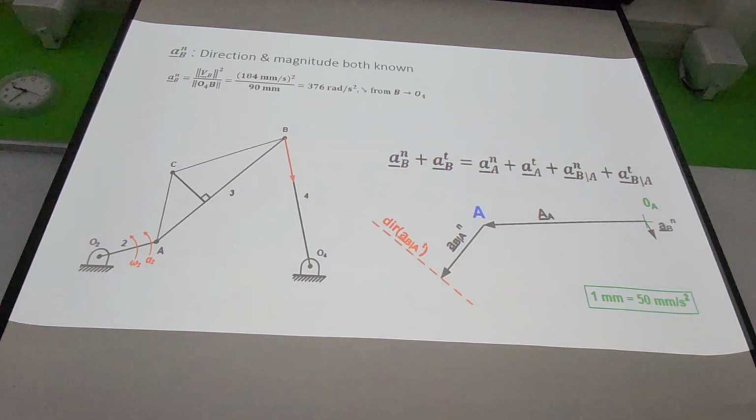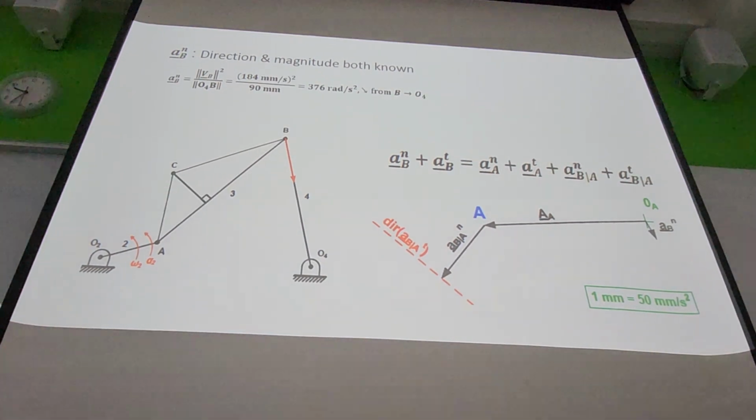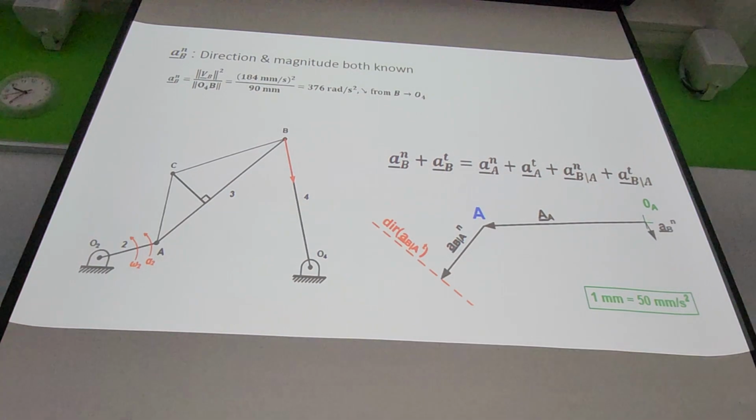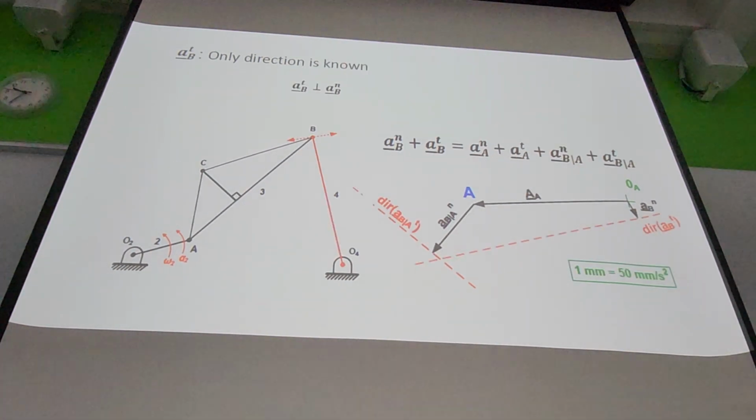From position analysis we know the directions. So this is B normal plotted, with magnitude 376. Now B tangent will be perpendicular to B normal. So you just draw a perpendicular line to this and let these two join. You can now find the intersection point here. So now the acceleration polygon is complete.